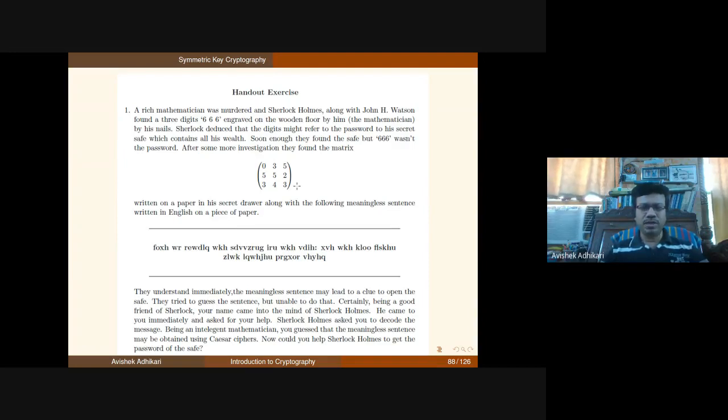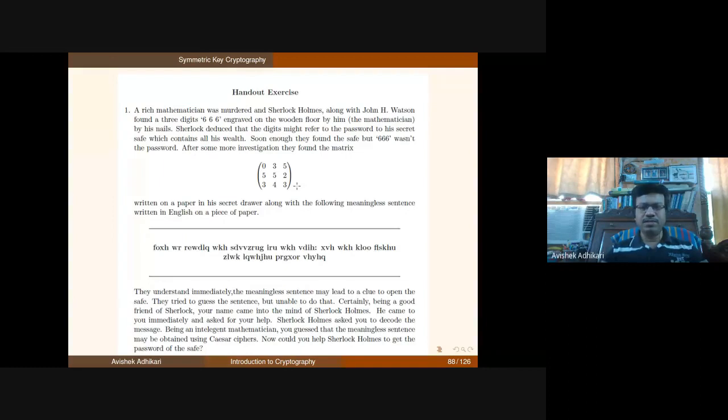Most of their houses have wooden floors because of the cold weather. Just beside the dead body of the rich mathematician, 666 was written on the floor. Since it was a wooden floor, he had somehow engraved it.